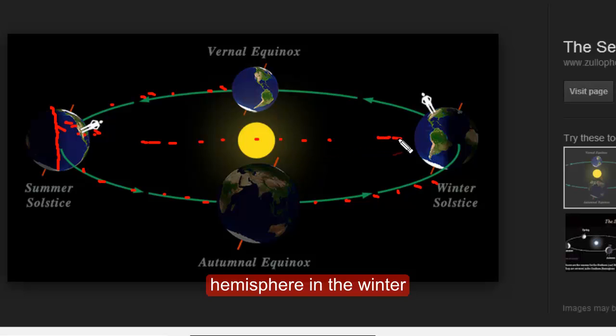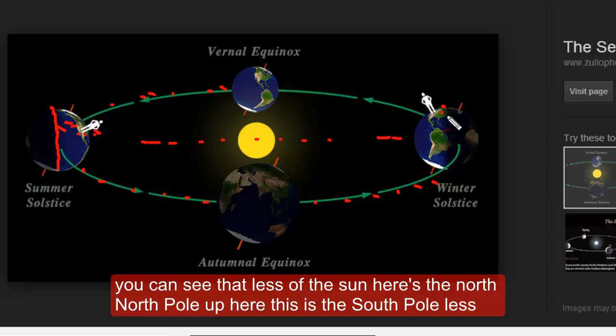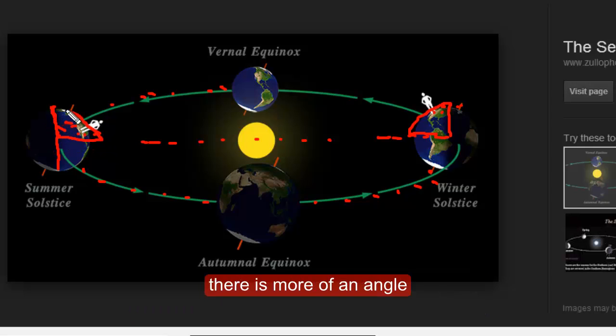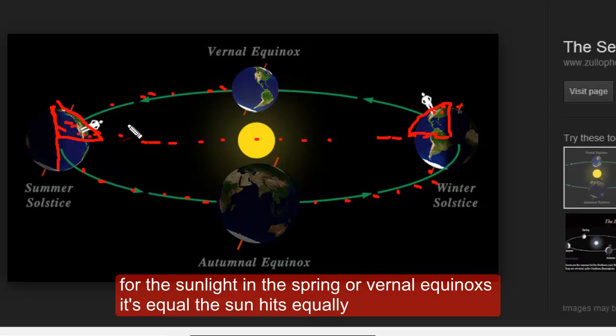In the winter, you can see that less of the sun, here's the North Pole up here, this is the South Pole, less sunlight hits the northern. There is less of an angle. Here, there is more of an angle for the sunlight.